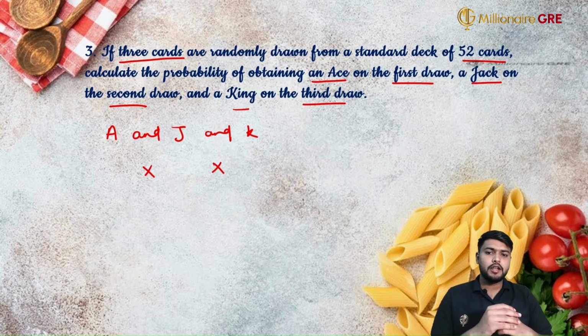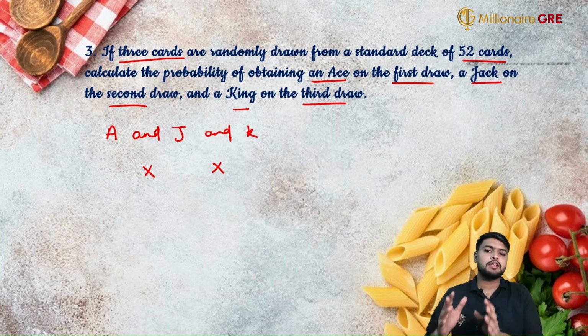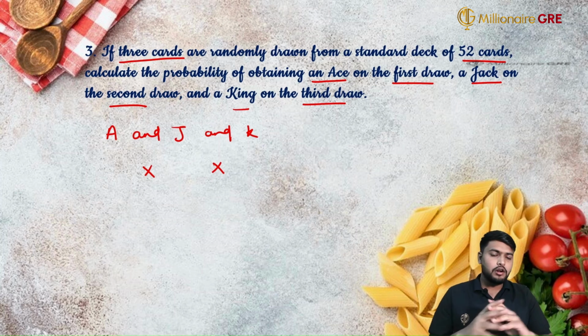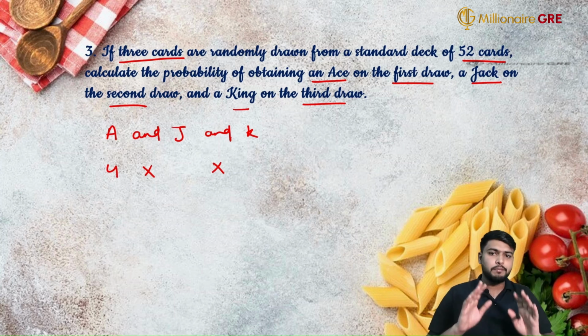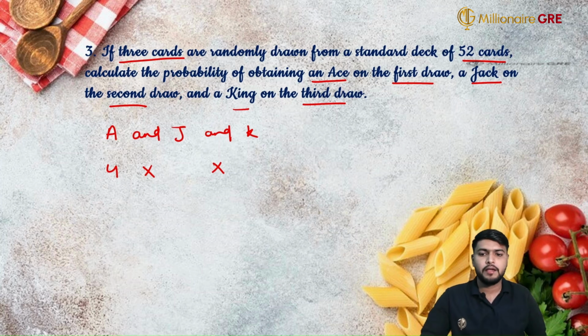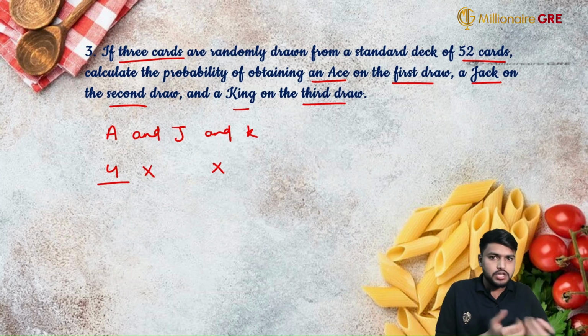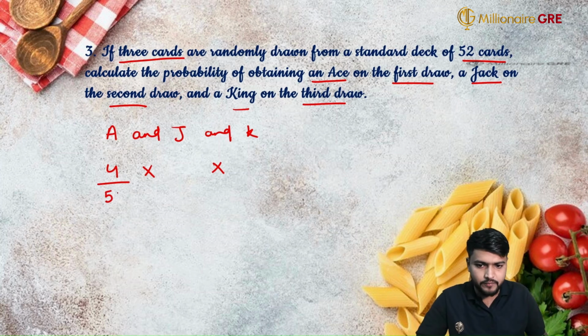What is the probability of drawing an ace on the first draw? Now there are 4 aces in total. 1 ace out of 4 aces can be chosen in 4C1 ways, which is simply 4. nC1 is n. 4C1 is 4. Total ways to select 1 card out of 52 cards is 52C1 or simply 52.